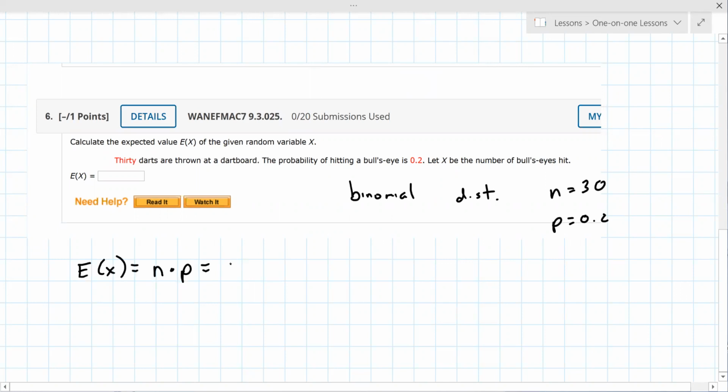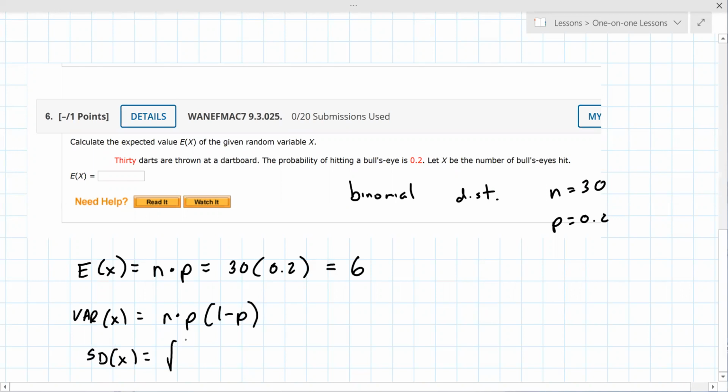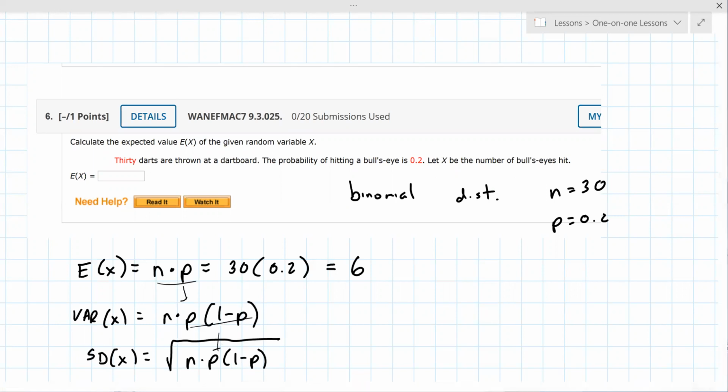It's very straightforward. 30 times 0.2, which equals 6. I'll just write it here. The variance for this is n times p times 1 minus p. And then sometimes they want you to get the standard deviation, which is the square root of n times p times 1 minus p. You can see how these just progress through to these calculations. But this one is just the value of 6.